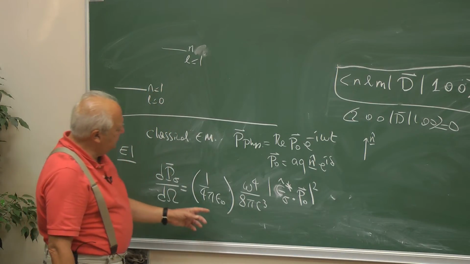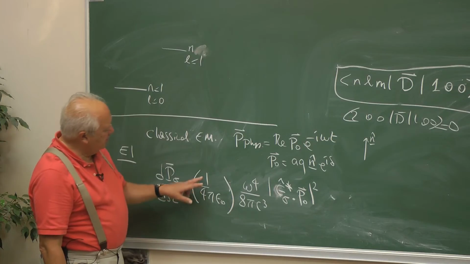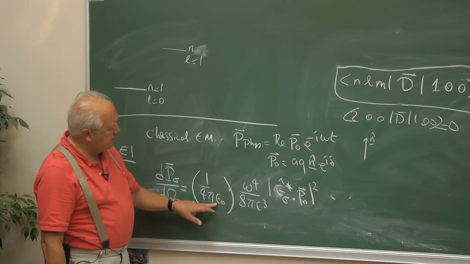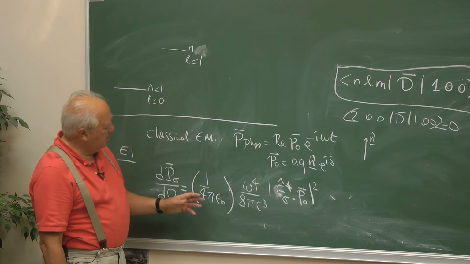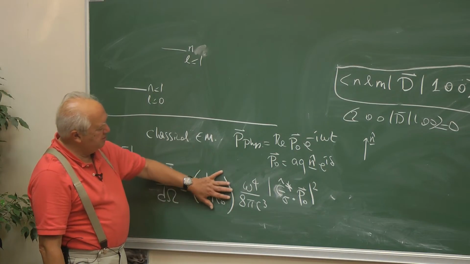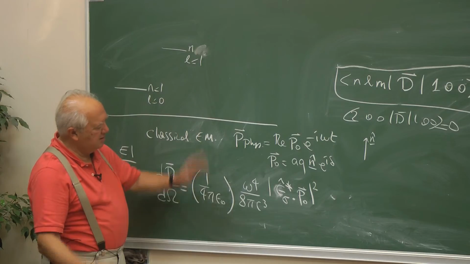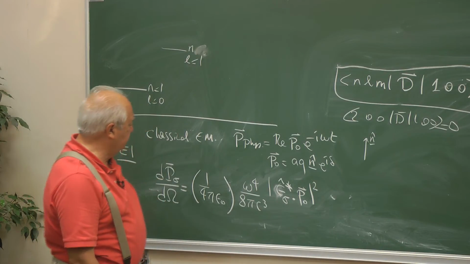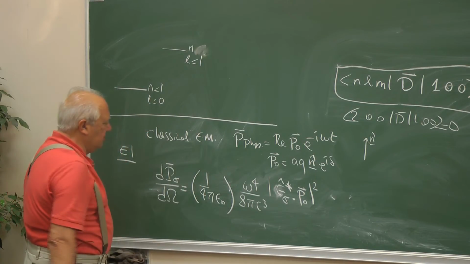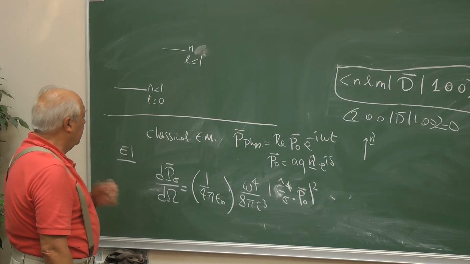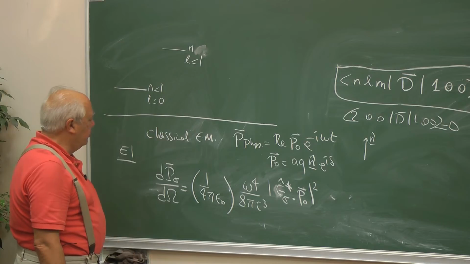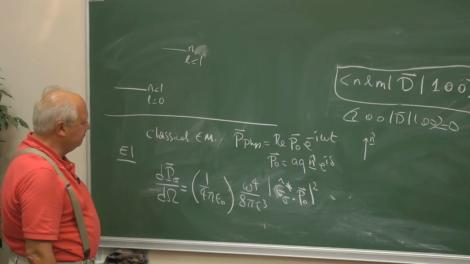I'm writing it in this fashion because together with 1 over 4 pi epsilon 0, this is in the MKS units. Without 1 over 4 pi epsilon 0, you are in the Gaussian units. So you can use any unit system you want. So this is if it's polarization sigma.